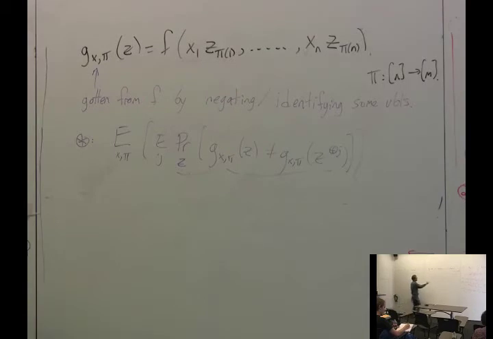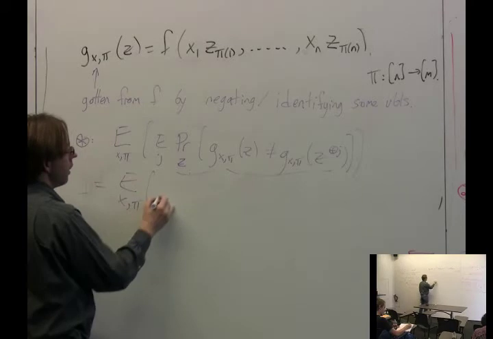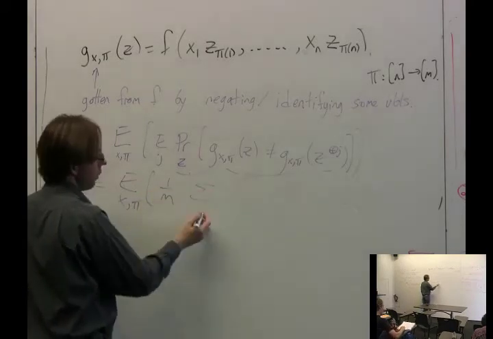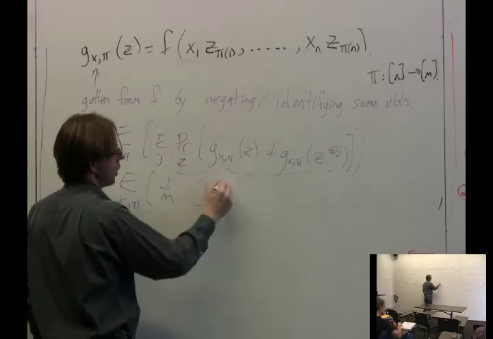And this g has m coordinates, so this is really just expectation over x and pi of 1 over m times the sum of the influences of g, so the total influence of g.